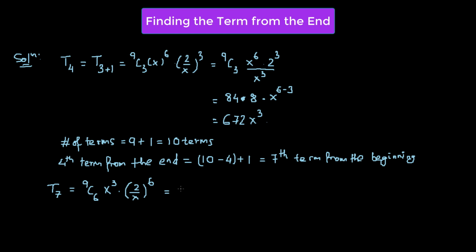Now 9C6 is equal to 9C3, which follows from the property of combination. So that will be 84 times x cubed, and we have 2 raised to the power of 6, and that is 64, divided by x raised to the power of 6, which is equal to 84 times 64, which is 5,376.